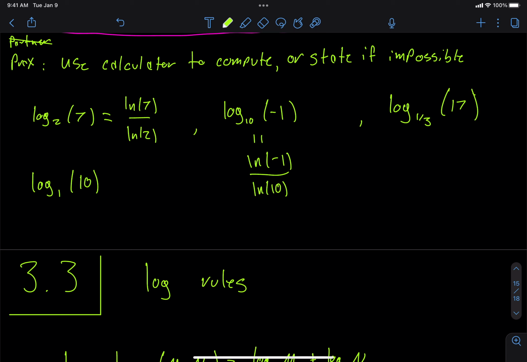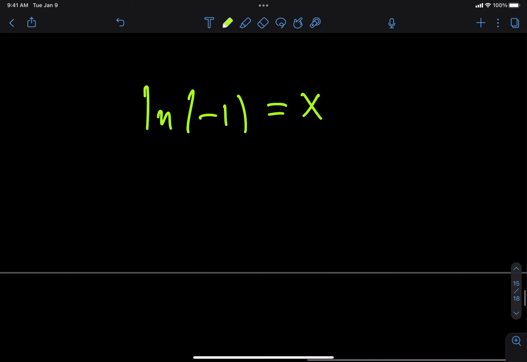Yes. What is it? You can't have a negative number. I can't have a negative number. Why not? Because you said so. Because I said so? No, we should always believe things because we have good reasons to believe them. Why can I not do ln of negative 1? Because if ln of negative 1 is equal to x, then what's the corresponding exponential equation?